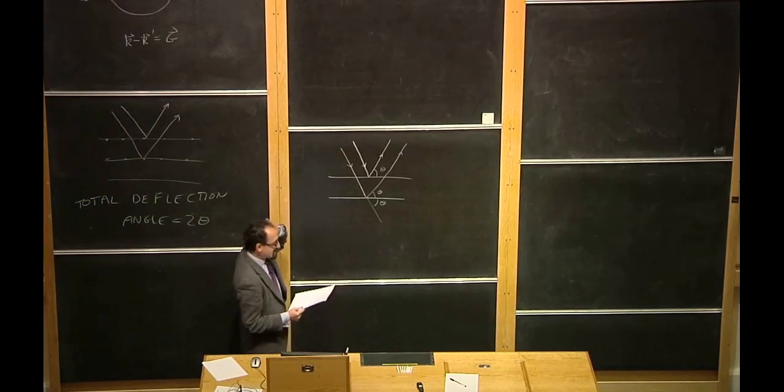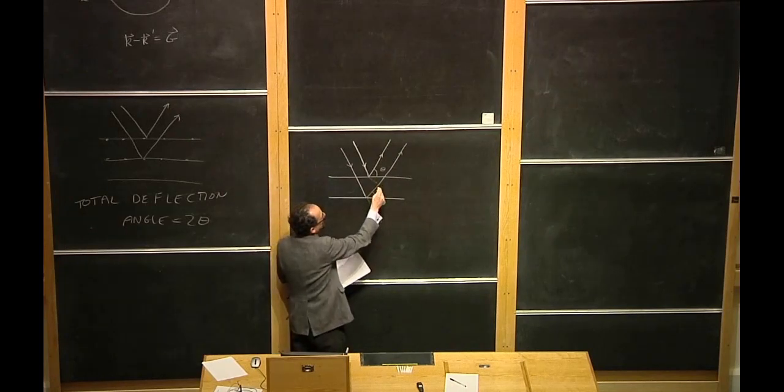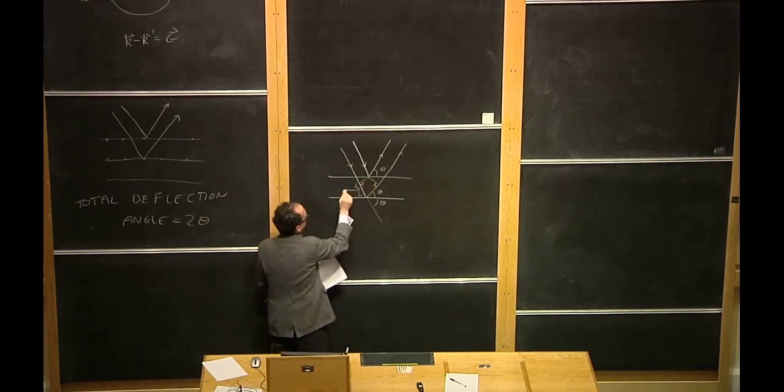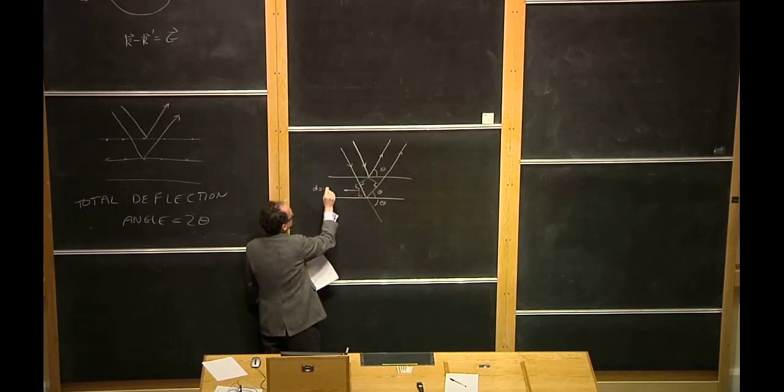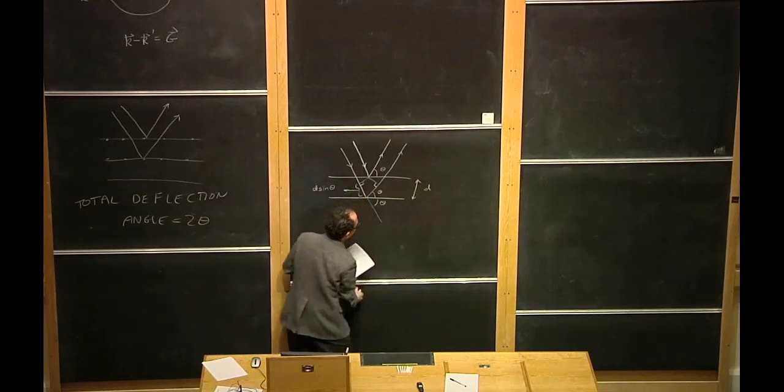As you did this type of calculation in prior years, you know that what you need to do is calculate the additional distance traveled by the second wave. If I drop a perpendicular here and a perpendicular here, the additional distance here is d sine theta, if d is the distance between the layers.